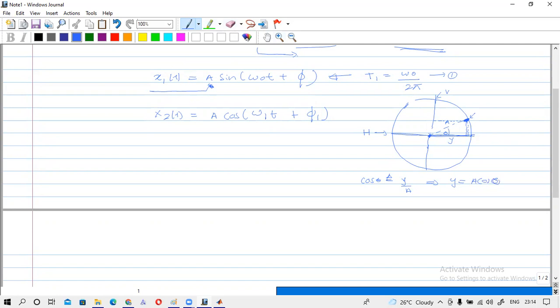So you can see that when this particle is moving along this circle, the projection of this point will move.